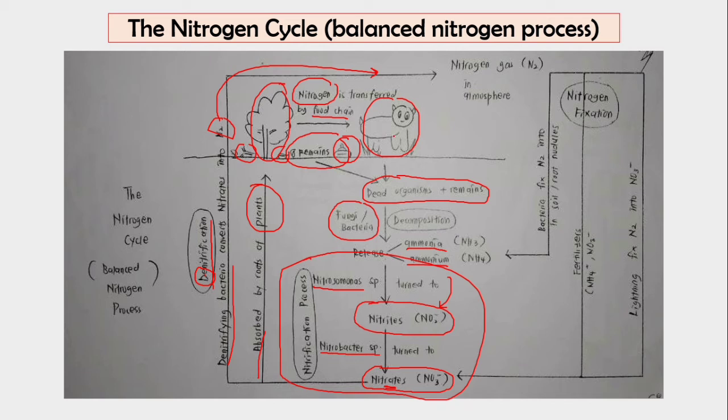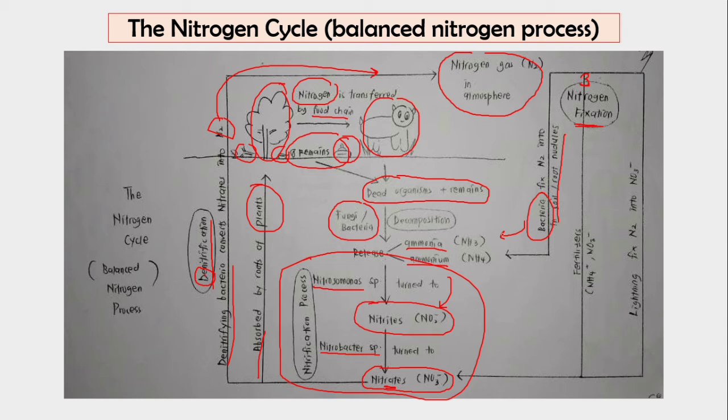Okay, so we get nitrogen gas in the atmosphere. The nitrogen gas in the atmosphere will undergo nitrogen fixation. Okay, there are three types of nitrogen fixation process. One is bacteria that fix nitrogen gas in the soil and root nodules in the form of ammonia and also ammonium.